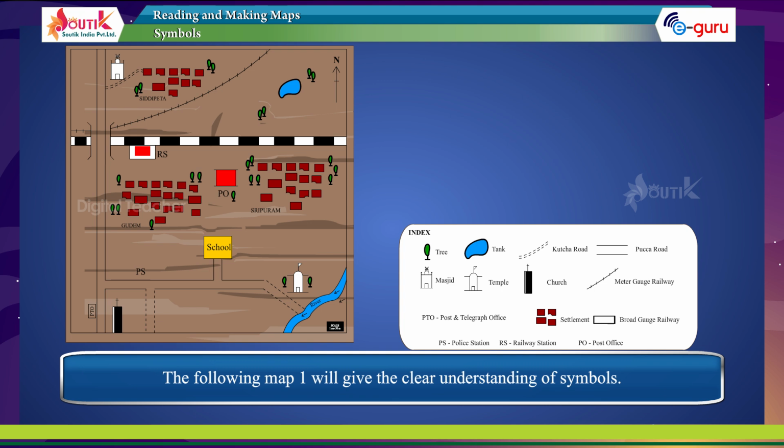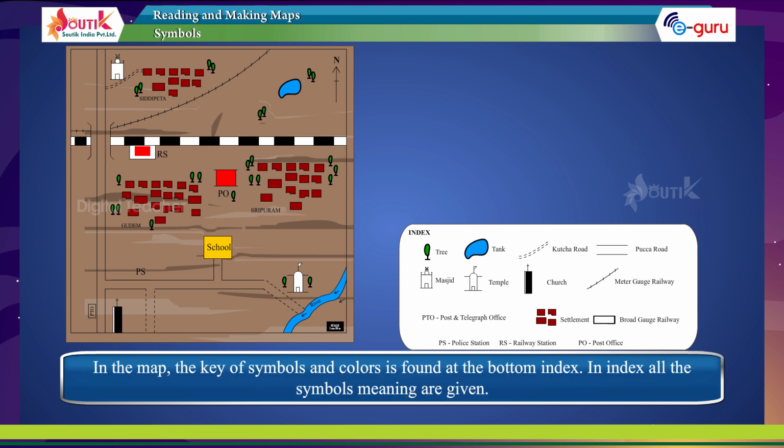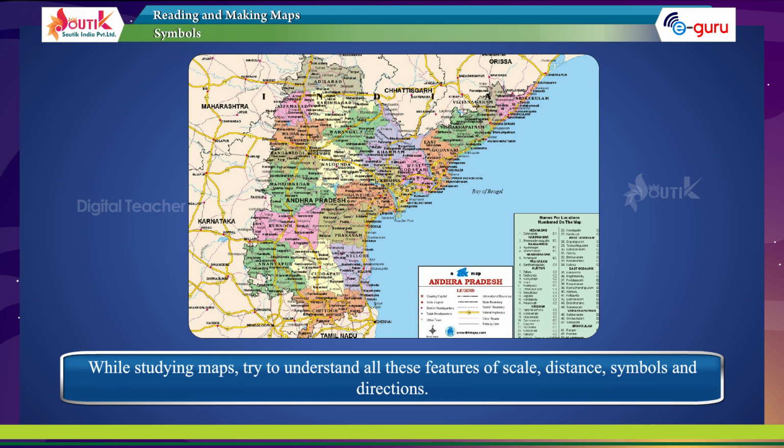The following map 1 will give a clear understanding of symbols. In the map, the key of symbols and colors is found at the bottom, in the index. In the index, all the symbols' meanings are given. While studying maps, try to understand all these features of scale, distance, symbols, and directions.